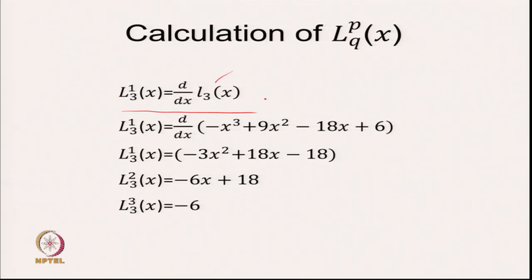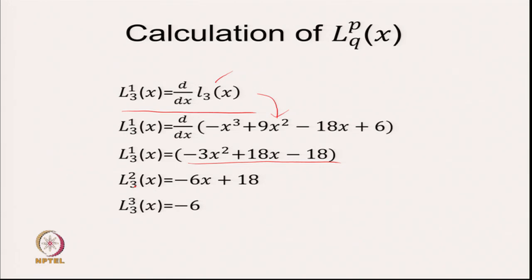In the last page, what we saw is that L3x is equal to minus x cube plus 9x square minus 18x plus 6. So, simply do the differential, what you will get is minus 3x square plus 18x minus 18, and this is L13.